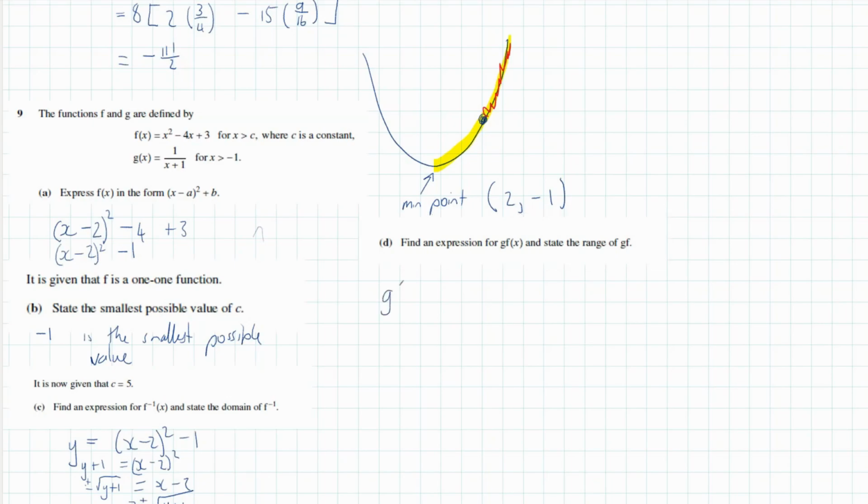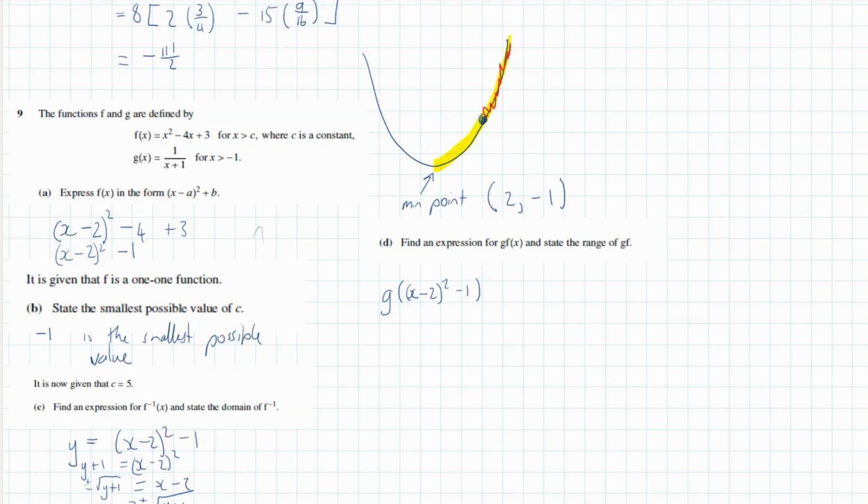So I'm going to go g of (x minus 2) all squared minus 1. Once again, please notice that I've used the completed square form rather than the form that they gave me at the beginning, because this will make life easier for me. Now I'm going to put that into g.